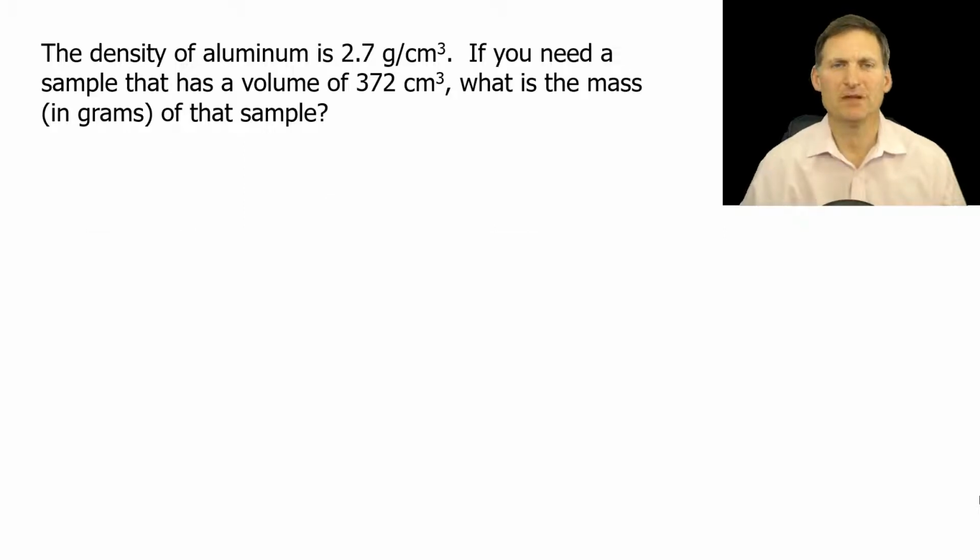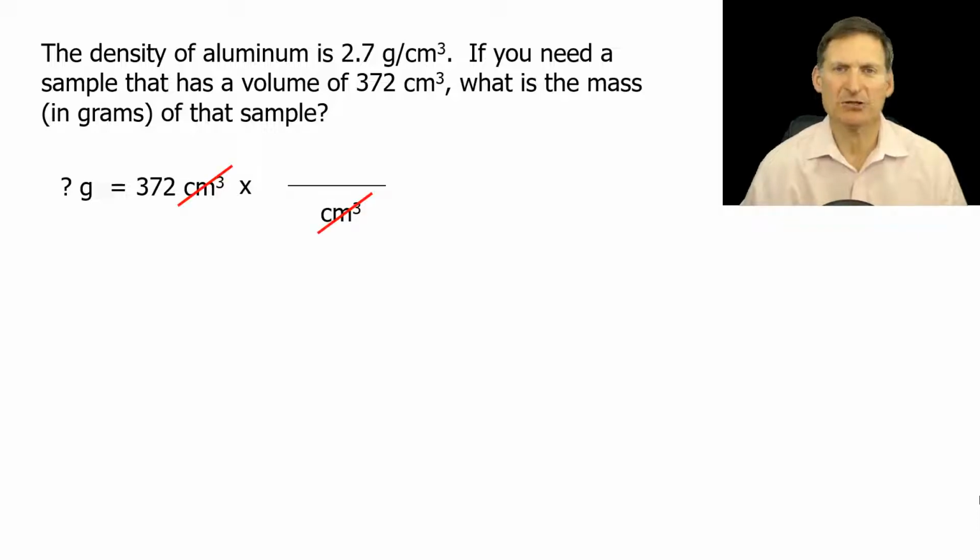First problem. If you're given the density of aluminum and you know the required volume, what is the corresponding mass? Using the conversion factor method, we start by writing the desired unit of grams. Then we write our given quantity and start to construct our conversion factor, putting centimeters cubed on the bottom so it cancels. Now we put grams on top because we want to end up with grams.